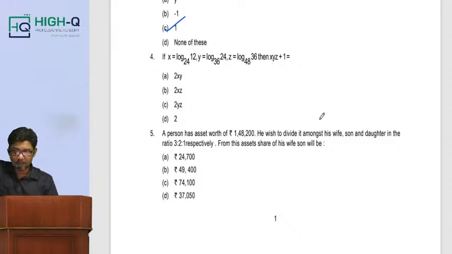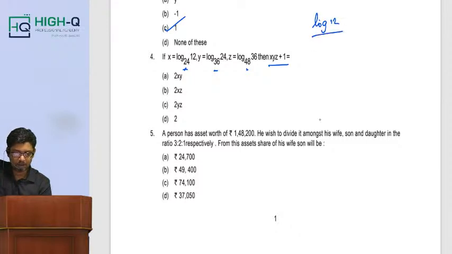Now this question: x is log 12 base 24, y is log 24 to the base 36, z is log 36 to the base 48, then xyz plus 1 equal to, look at this, my dear, xyz plus 1. Let me substitute on the left hand side. Of course, different bases. In the first step itself, let me apply change of base rule.